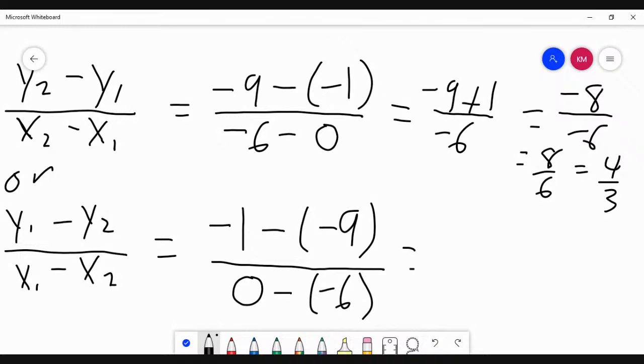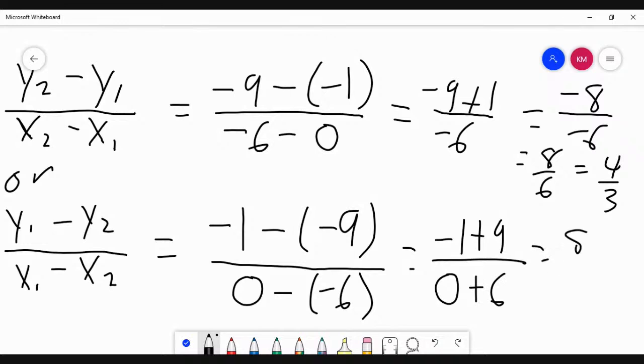Now, for the second one, same process. You have -1, negative, and negative, that makes positive, so that's +9 over 0 minus a -6, 0 minus 0 with a minus minus, that makes that +6.